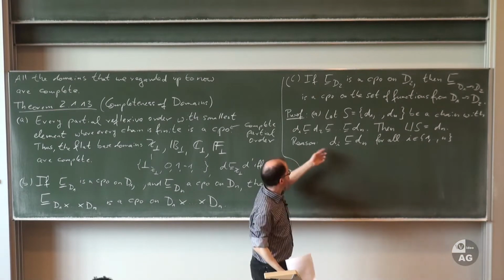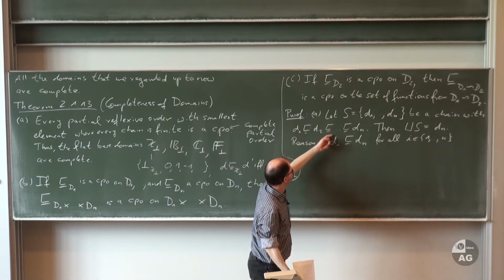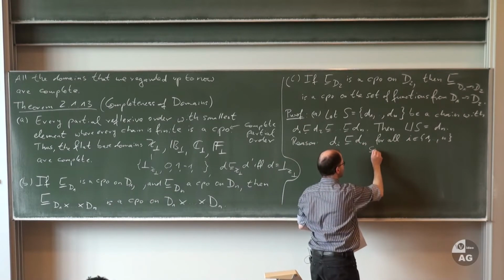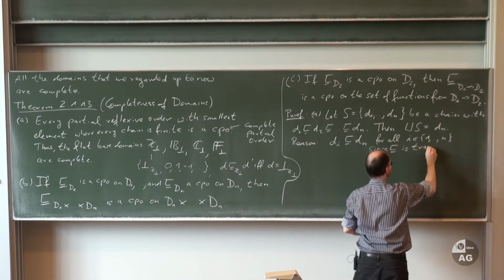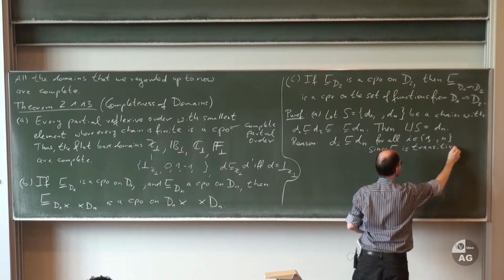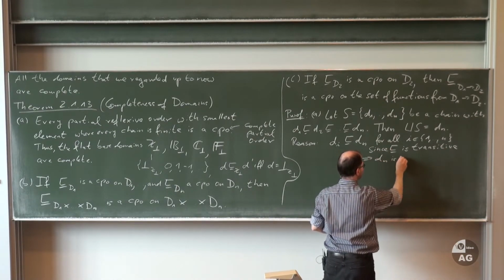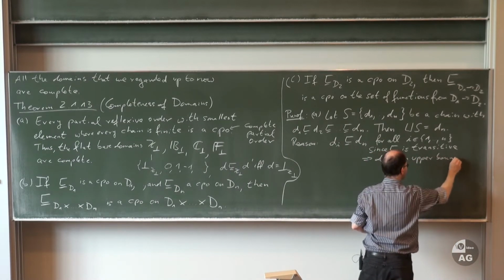Well, because of transitivity. Since this relation is transitive, we clearly have that every element here is less defined or equal to Dn. So clearly Dn is an upper bound of S.